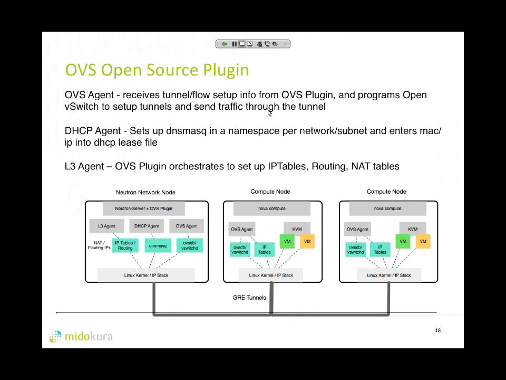And then finally, the L3 agent portion of the OVS plugin orchestrates the changes for IP tables or any kind of routing decisions, or even, especially important, NAT tables for translating network addresses, typically for north-southbound traffic.